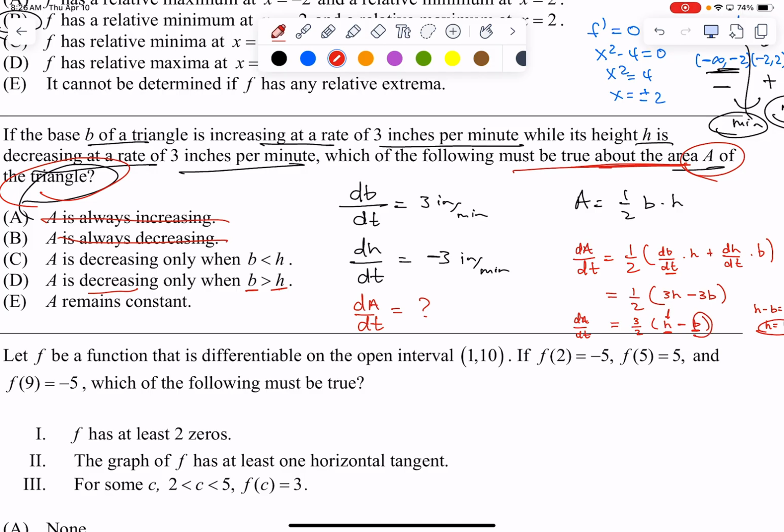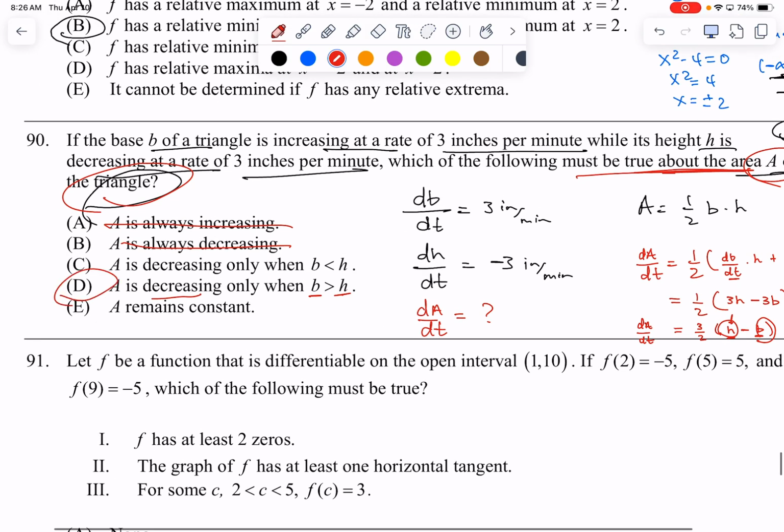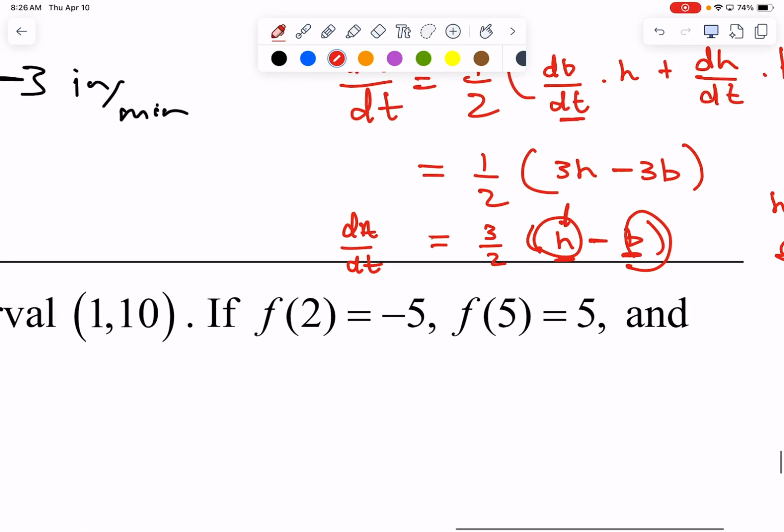If B is bigger than H, is that going to make it negative? Yes, the answer is D. And A is definitely not going to remain constant because we're subtracting H and B, and there's going to be a point where, when H is bigger than B, it's positive. When H is smaller than B, it's negative.